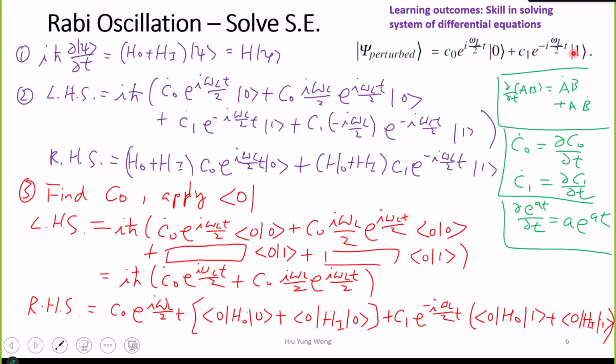C1 is the coefficient in front of the 1 state. If I have a large C0, it means I have more component pointing up. If I have a large C1, I have more component pointing down. If C0 is 1 and C1 is 0, then it's just spin up. When C1 is 1 and C0 is 0, then you only have spin down, correct?